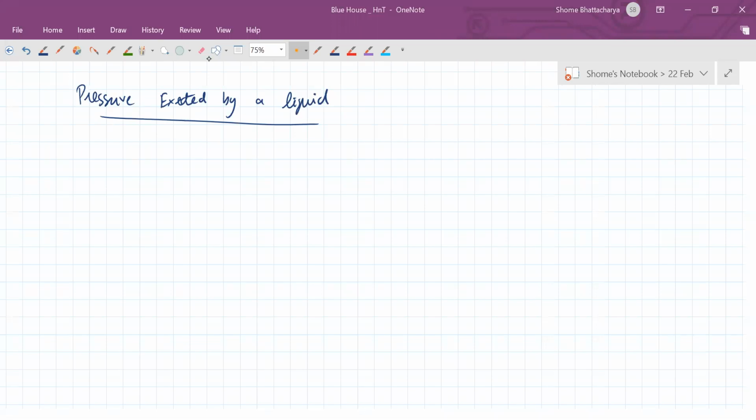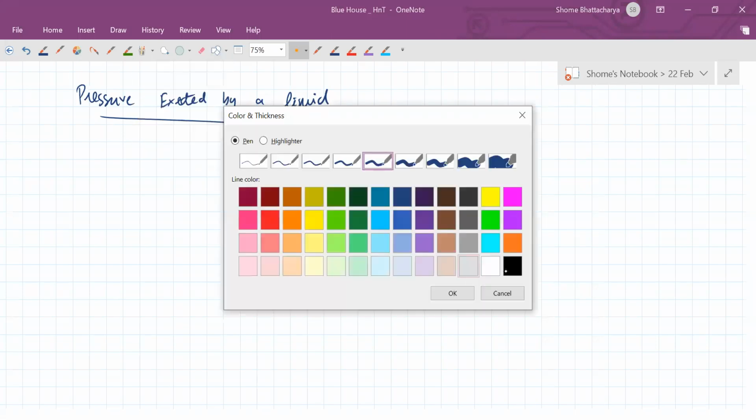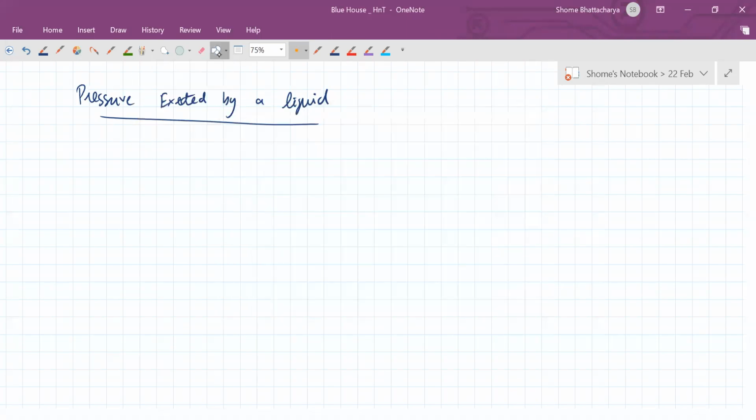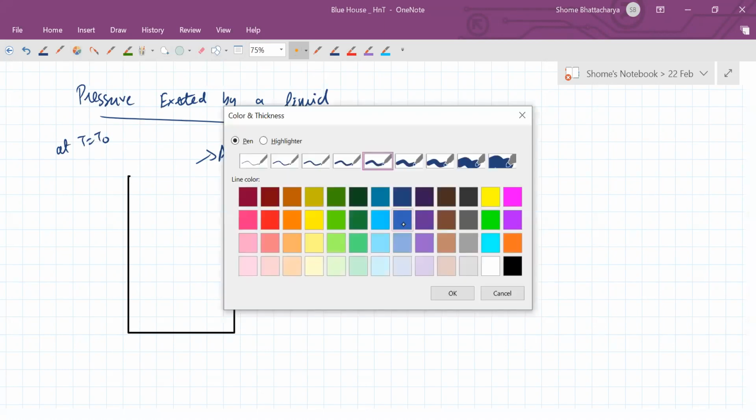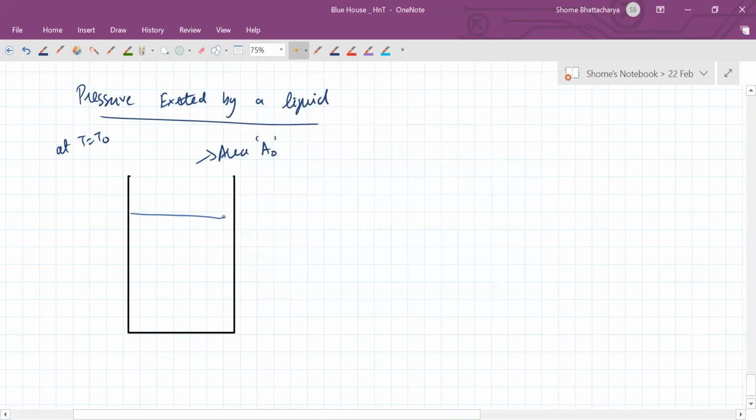Okay, so let's understand this concept of pressure exerted by a liquid. If we have a container which has an area of cross section of A naught, at temperature T naught, and in this container we have a liquid which is filled up to a height of H naught, again at this temperature.